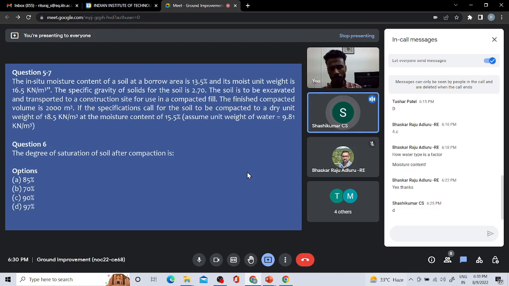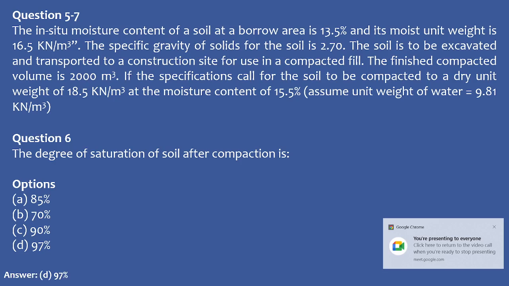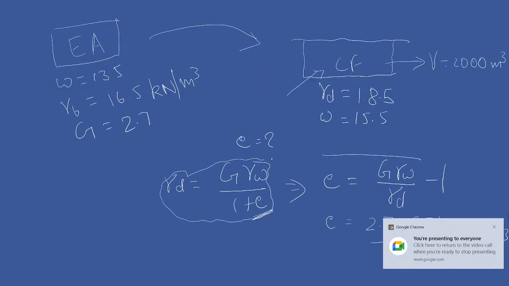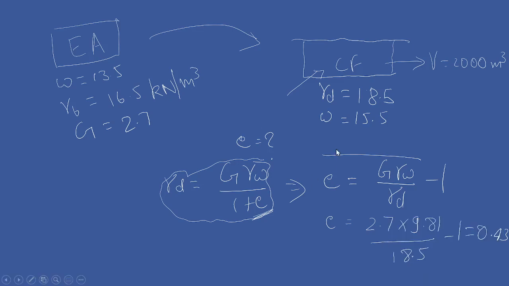Sir, we were not able to see what you have written. The problem. Okay, that part, is it not visible? No, now it is visible, sir. Okay, was it like that with everyone?